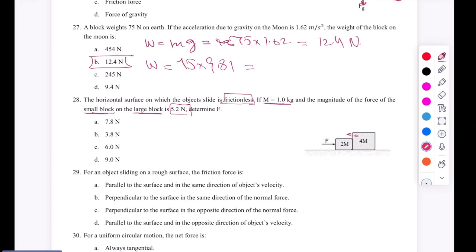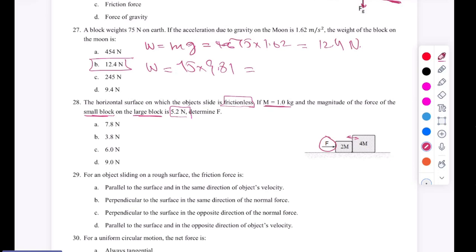So what he is asking you is to determine the total force, that is, the applied force on it. If this force is 5.2, it is moving this object with a mass of 1 kilogram. So what is the acceleration? Acceleration is F divided by mass, so 5.2 divided by 1, which is 5.2 meter per second squared. So what is now the total force?